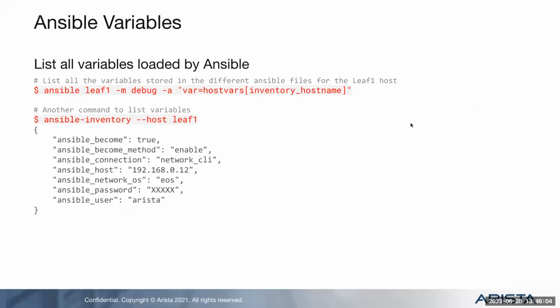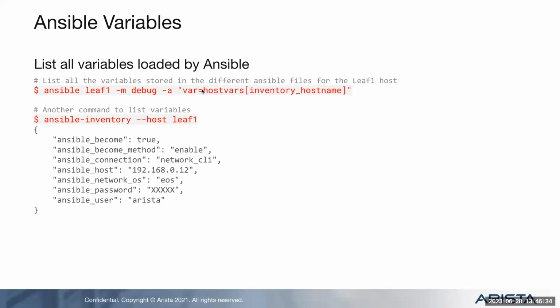So we talked earlier about looking for group membership. There's also scenarios where you want to look beyond just group membership and look at the variables available for a given context. Again, here we're using just the base Ansible command to run a one-shot task, and we're targeting leaf 1. So in this here, what we're doing is we're saying, hey, pull leaf 1 out of inventory, run the debug module against it, and these are your args for what to do with that module.